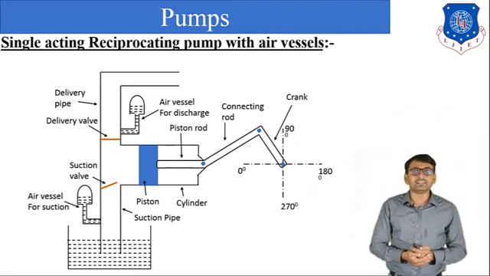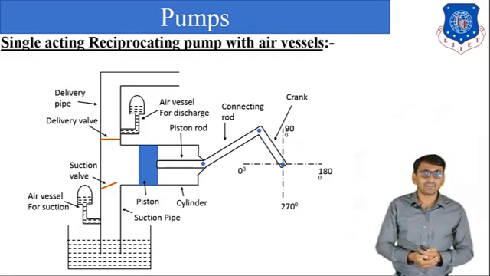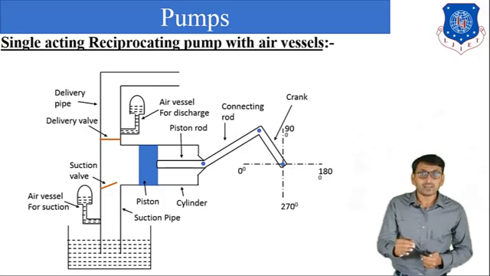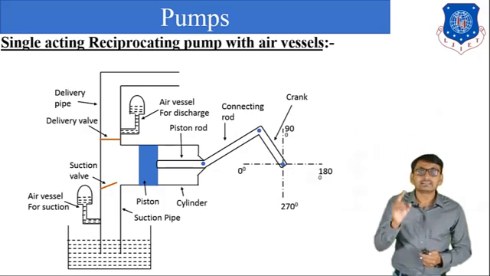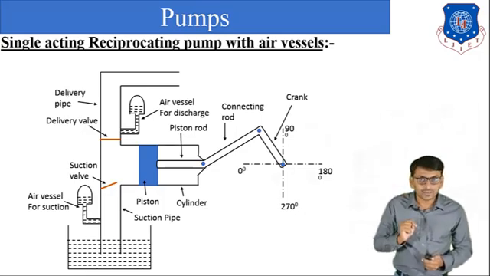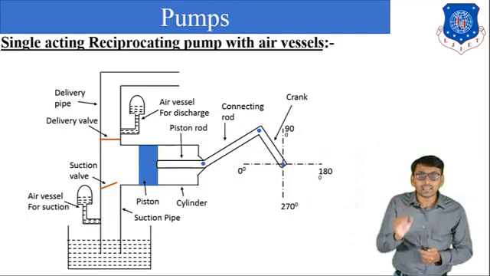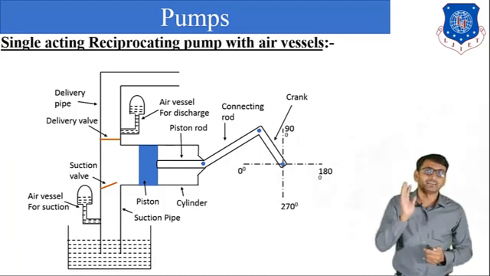So the water present in the cylinder is delivered by the delivery pipe. But during the second stroke, the suction valve is closed, so water entering the suction pipe is temporarily stored in the air vessel present at the suction pipeline.